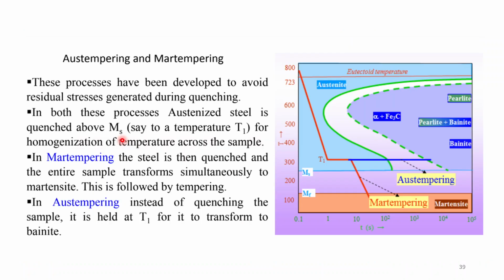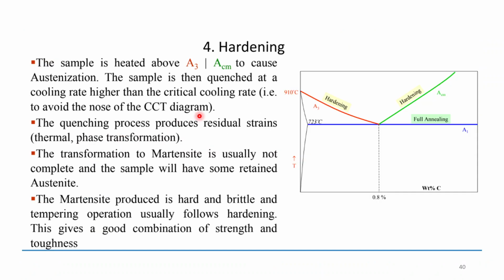Next, before tempering, hardening is important. In the case of hardening, the sample is heated above A3 and ACM, depending on composition, to cause austenitization. The sample is then quenched at a cooling rate higher than the critical cooling rate, so as to avoid the nose of the CCT diagram.